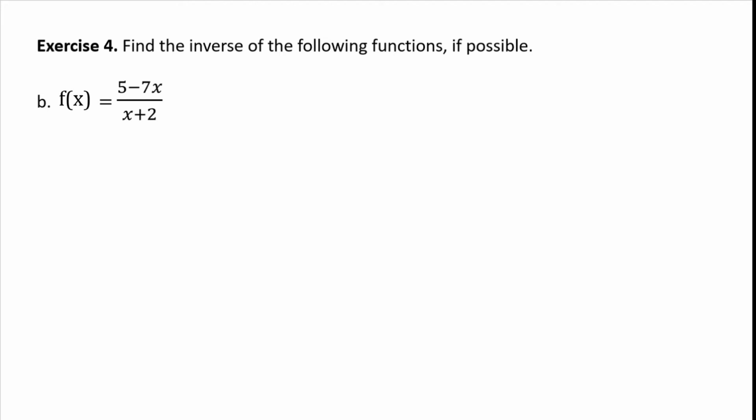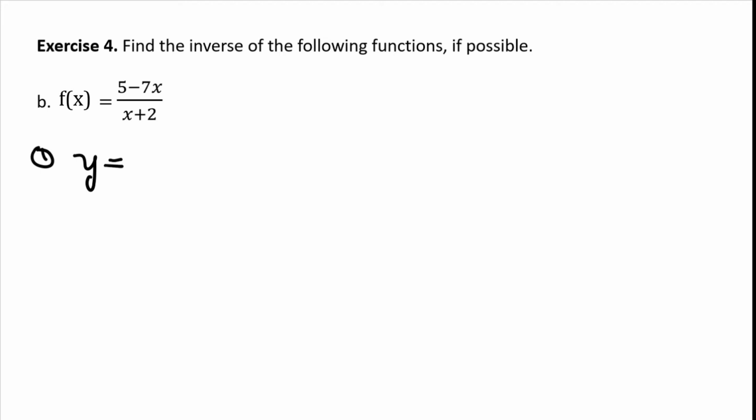Part B. f of x equals the quantity 5 minus 7x divided by the quantity x plus 2. This is also one-to-one. It is a rational function. So let's see how we would do this. Again, I would begin with step 1. Replace the f of x with y.